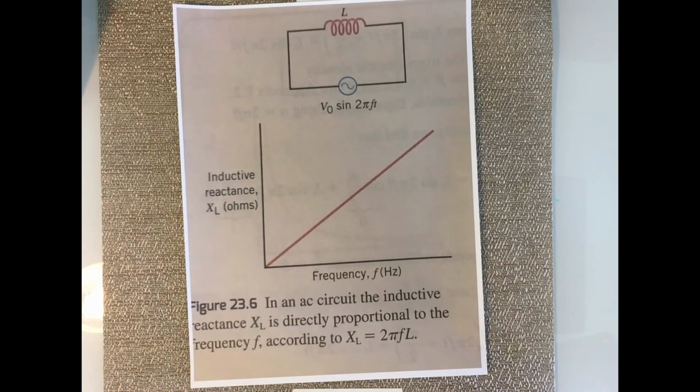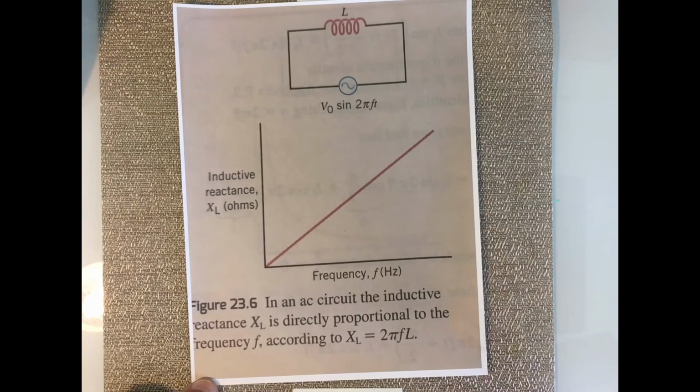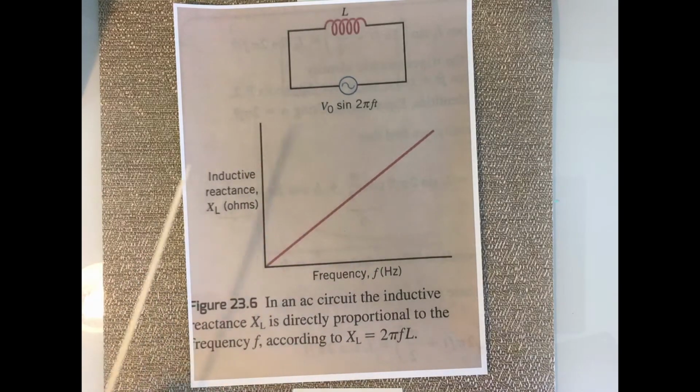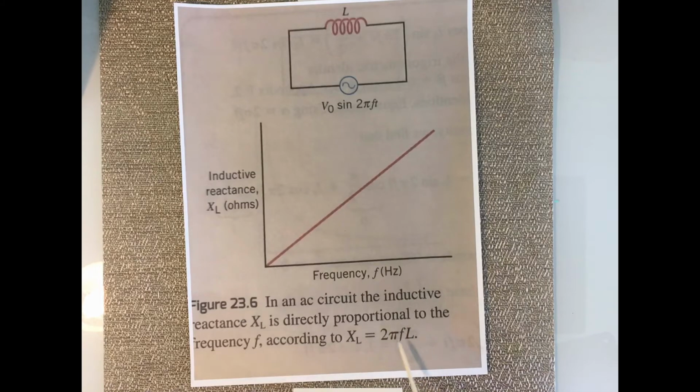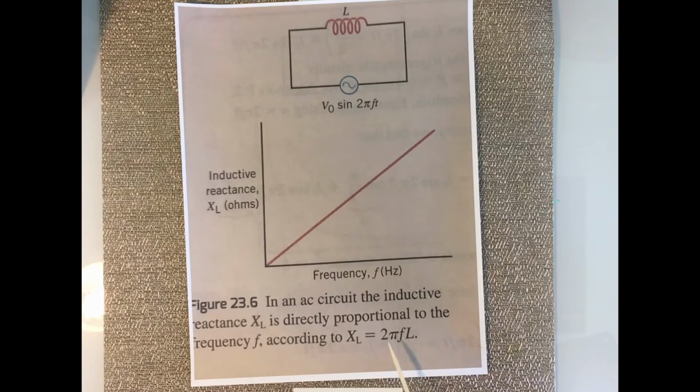Now you can see XL is the inductive reactance in this graph. The circuit is a simple inductor, and XL is directly proportional to f and L; XL equals 2 pi fL.